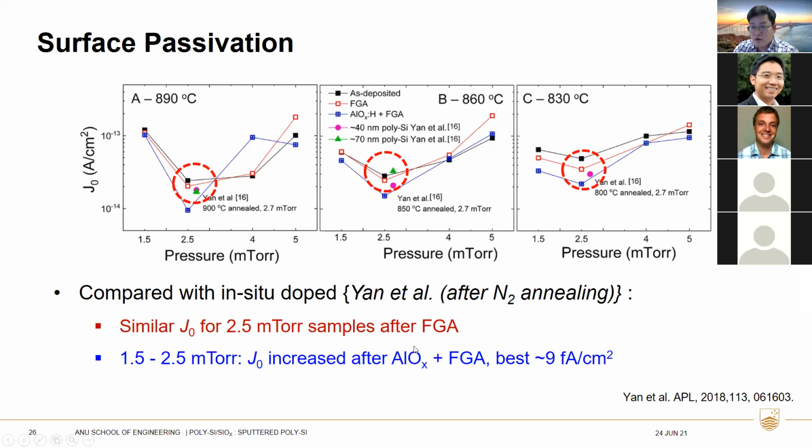For the samples from 1.5 to 2.5 millitorr, we see a J naught increase after the Alox forming gas, and it can reach the best J naught of around 9 femtoamps per centimeter squared, even lower than Diyan's work. And for the 4 to 5 millitorr samples, we saw some inconsistency in the performance.